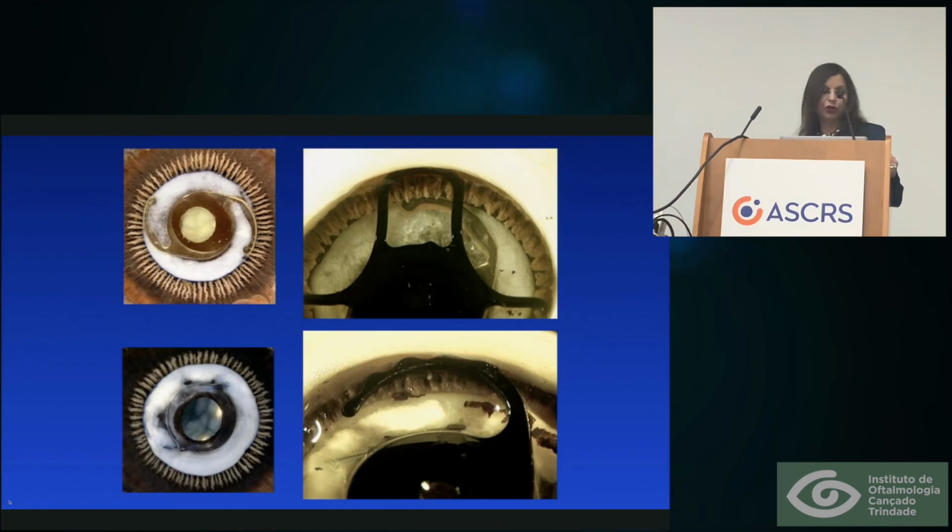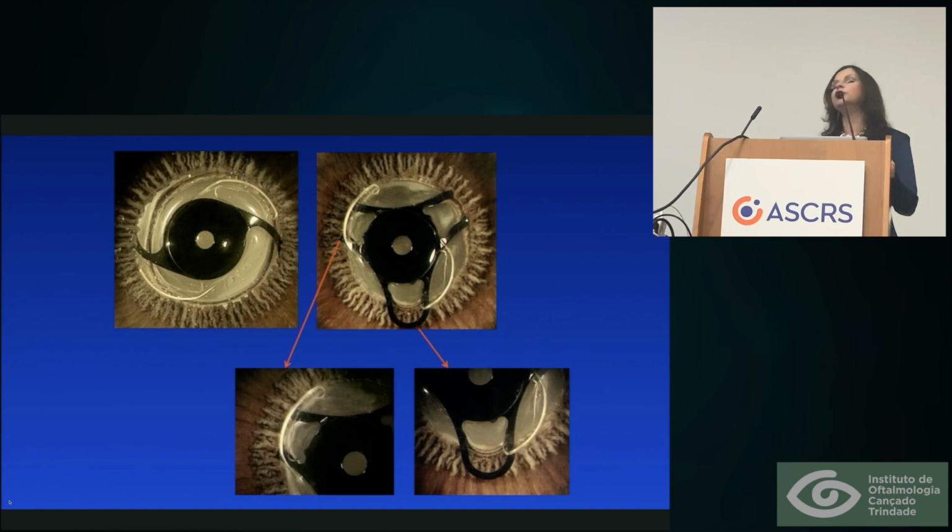And here's just to show you some anterior views that beautifully demonstrate the position of the loops in the ciliary sulcus for both of the designs, and you can see the primary IOL in the bag. And a posterior view would show more or less what's happening. So you can see here from the posterior view the appropriate position of the loops of the add-on lens going to the ciliary sulcus.